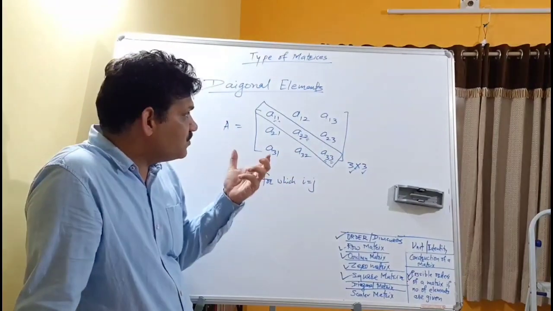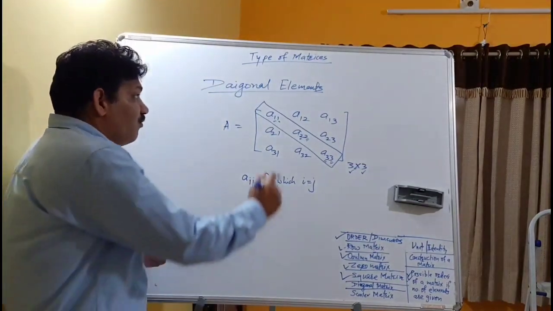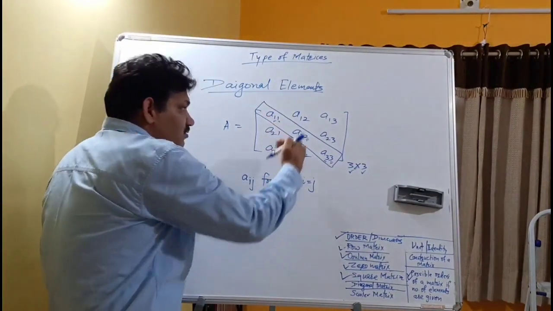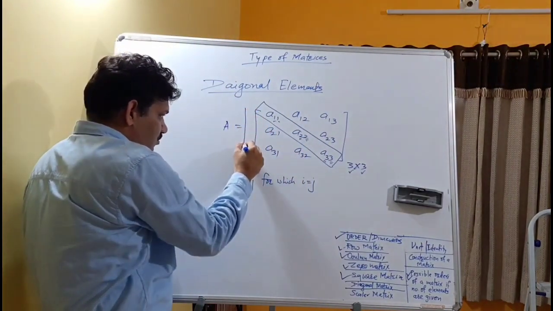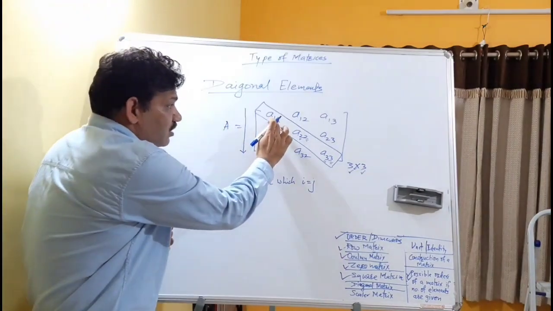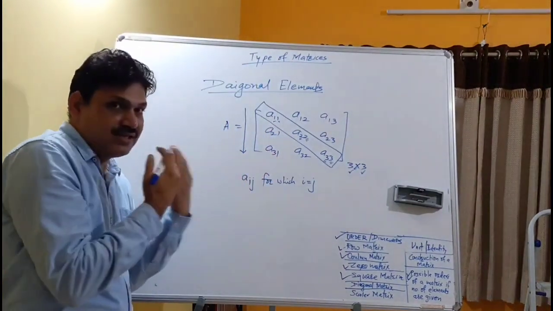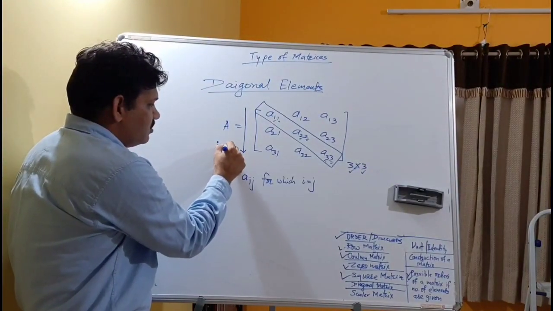One important observation which you can have is when you go below the diagonal, or when you go down, here the row index, that is the first subscript, increases. So here i increases.